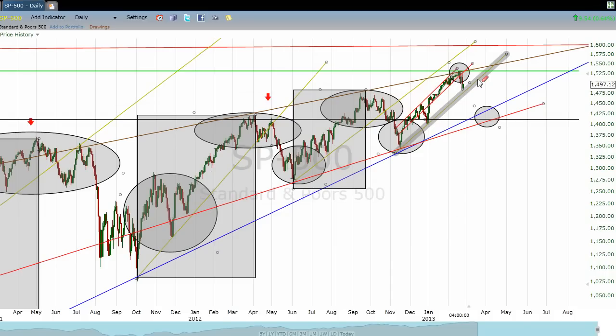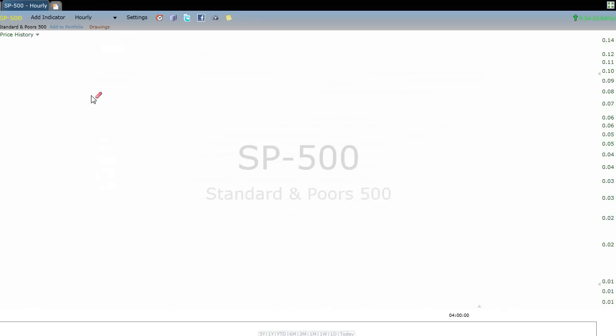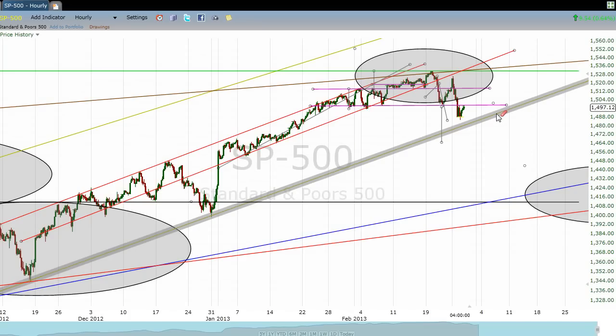Then we start to look to see if we get a bottom that is along the same relational path as these last three bottoms. So all that to say, we've got to watch this line right here, and this is why I say there is a potential for a save the bacon moment if this line holds.